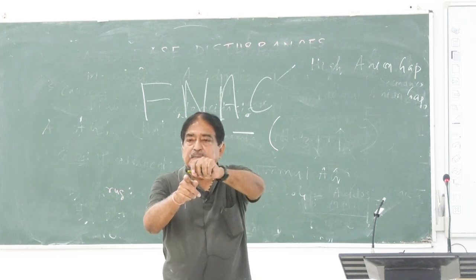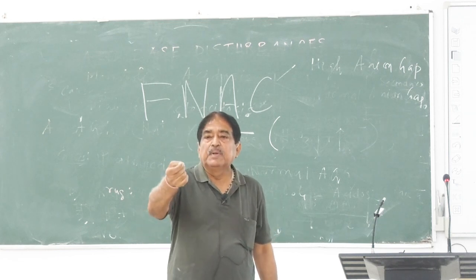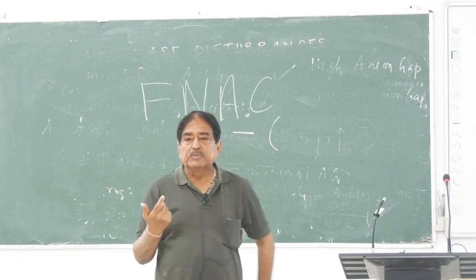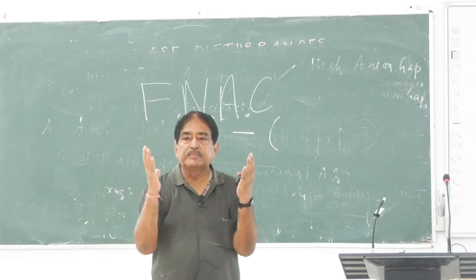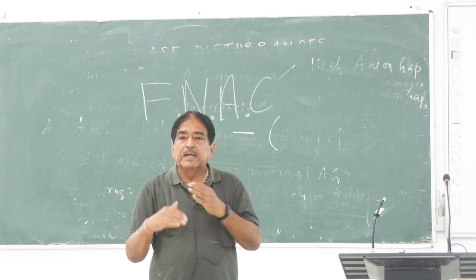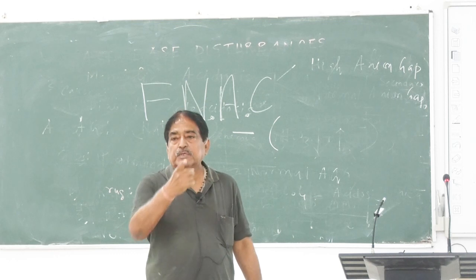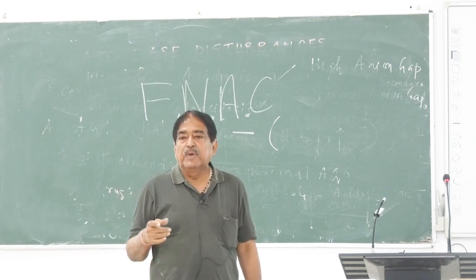USG guided, he puts the needle and aspirates the tissues and fluid, whatever it is, comes out. That is fine needle aspiration. So you have to have the anatomical knowledge, and at least you just don't put blindly into places where you won't get.